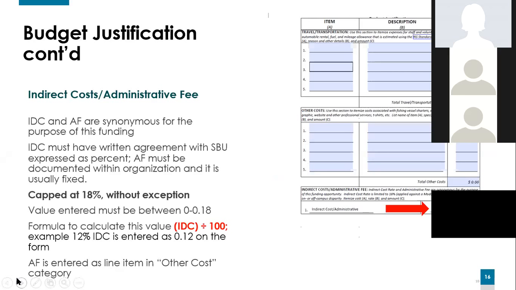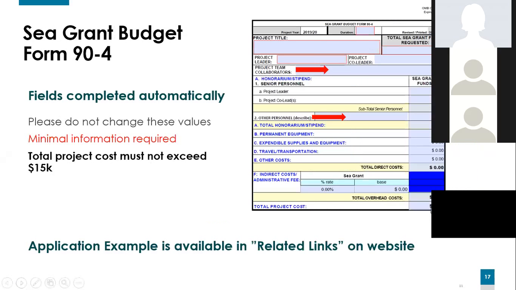Now, if you have to claim either one of these costs on this form, I'll start with the IDC. The way the form is set up, you're only allowed to enter between 0 and 0.1 in this box here. I'm sorry, I skipped over.